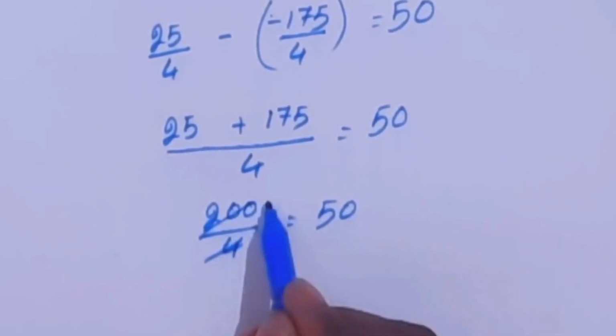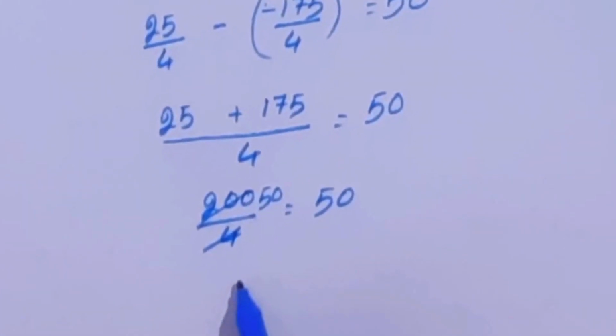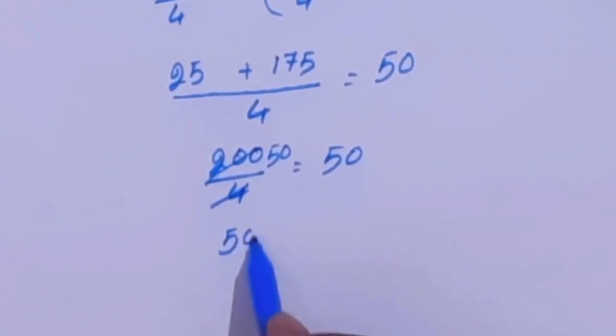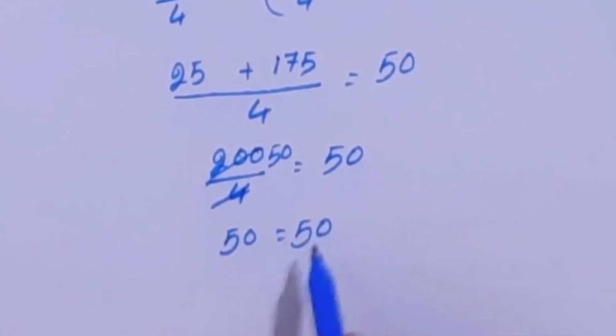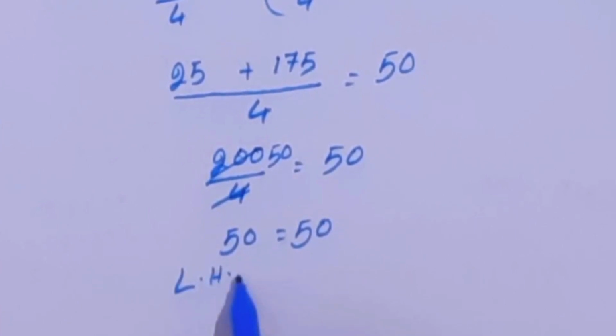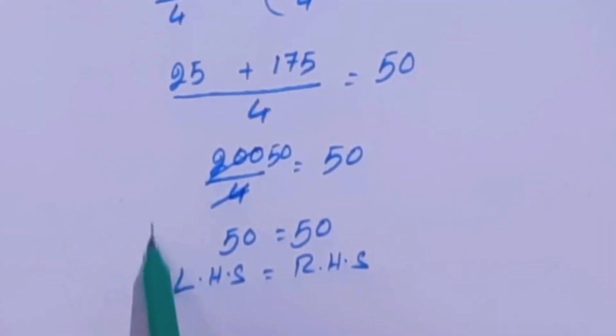They simplify this, this is 50. So 50 equal to 50. So LHS equal to RHS. Yes, this is verified.